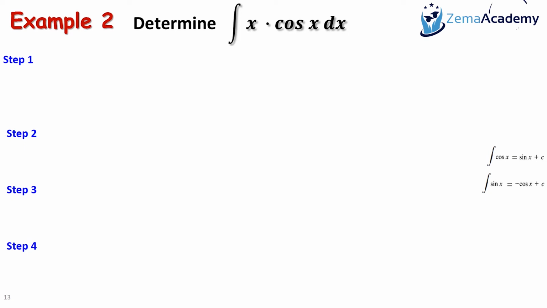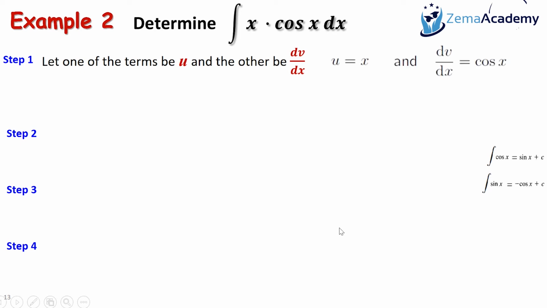Hence, because algebraic function is lying left to trigonometric function, x is u and cos x dx is dv. So I will directly write over here that x is u, and dv by dx is cos x.